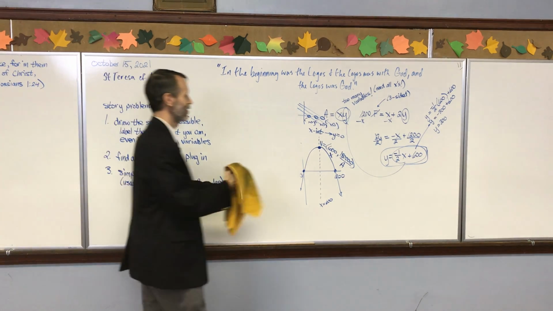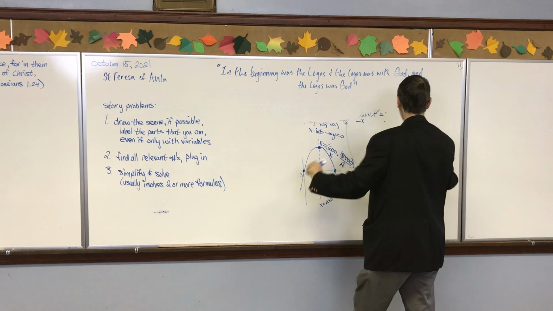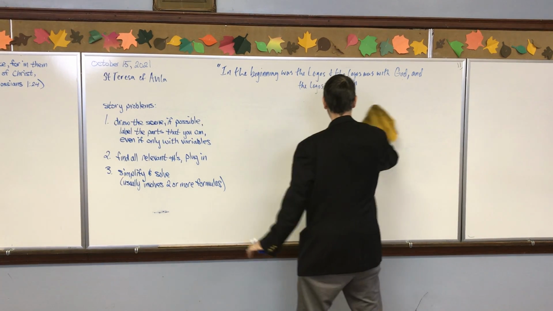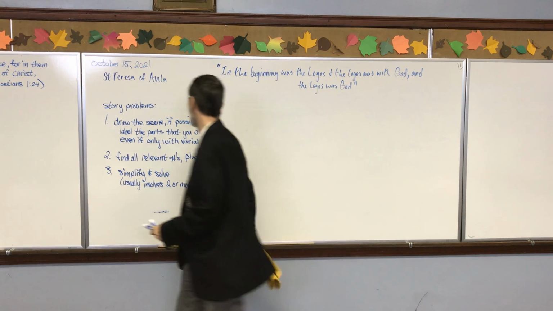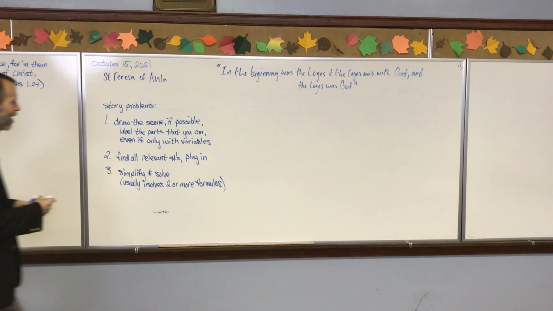Let me try a scaled down version of this. In a sense, this is easier, and in a sense, it's more frustrating, because people just sort of stare at it and wonder.